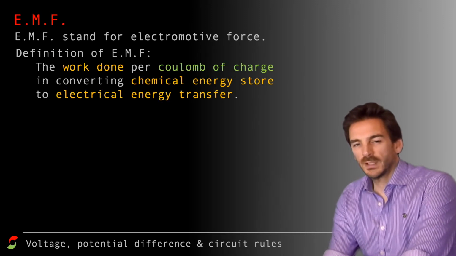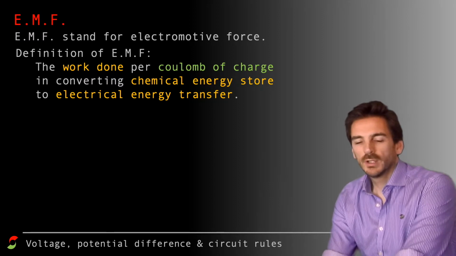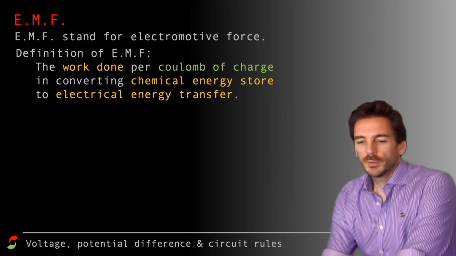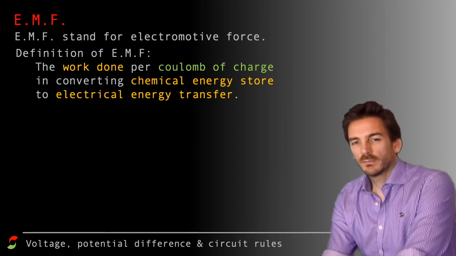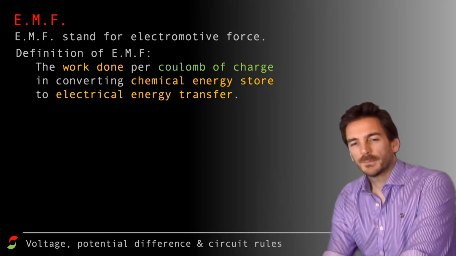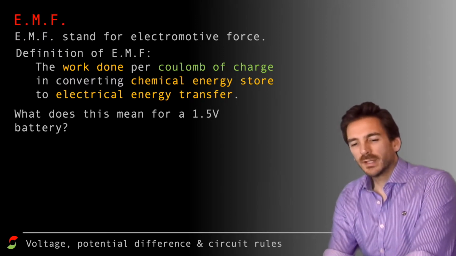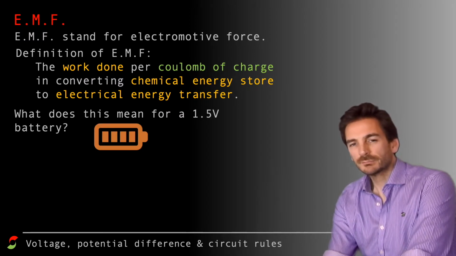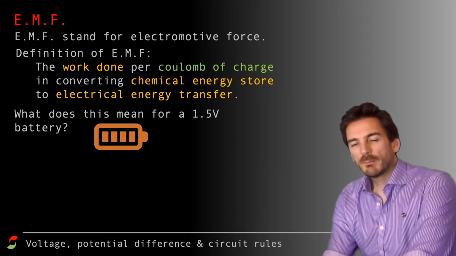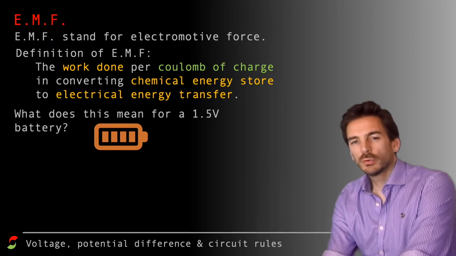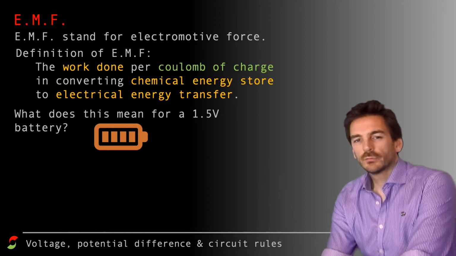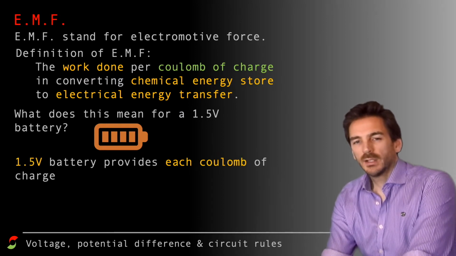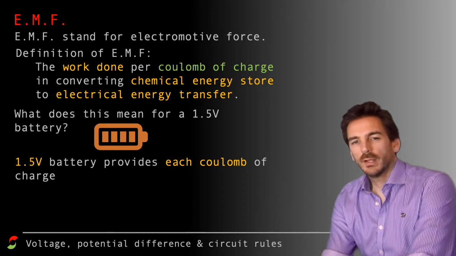The definition of e.m.f is very similar to the volt, but it's the work done per coulomb of charge in converting chemical energy store into electrical energy transfer. If you have a 1.5 volt battery, when that battery delivers a coulomb of charge around a circuit, 1.5 joules of its chemical energy is turned into electrical energy.